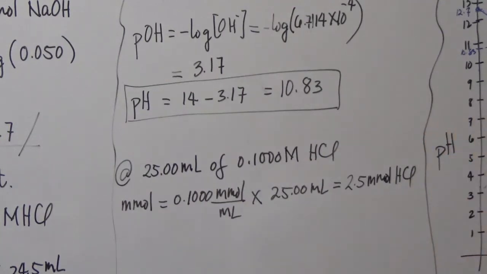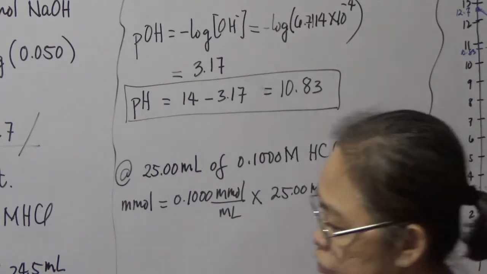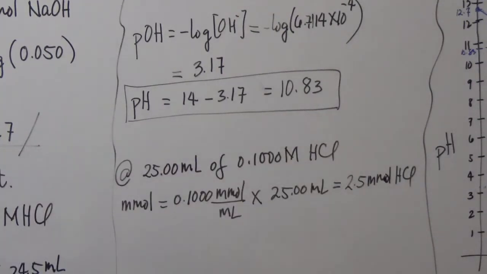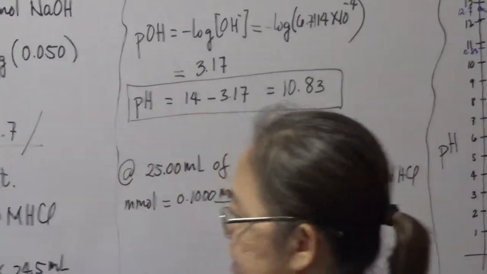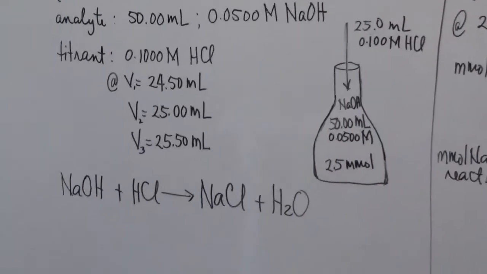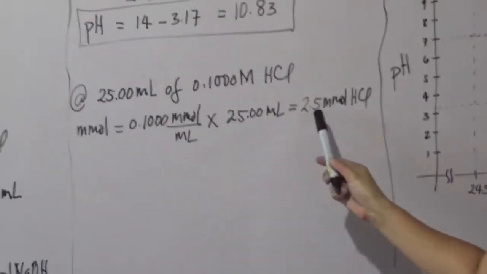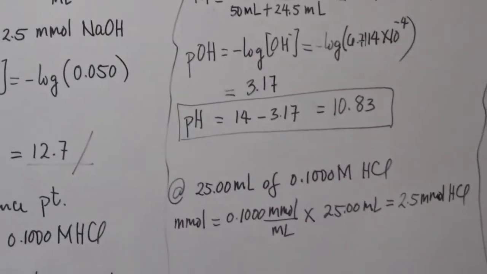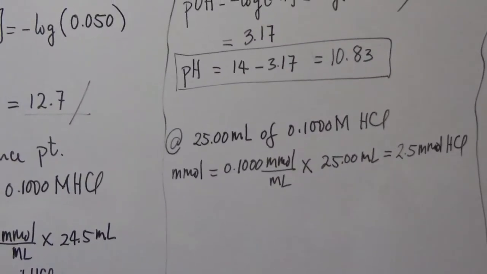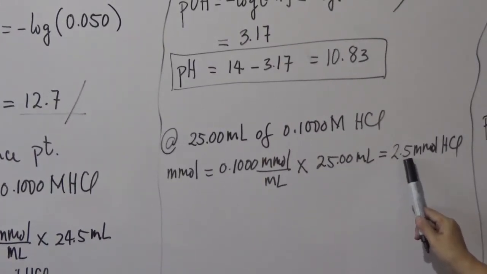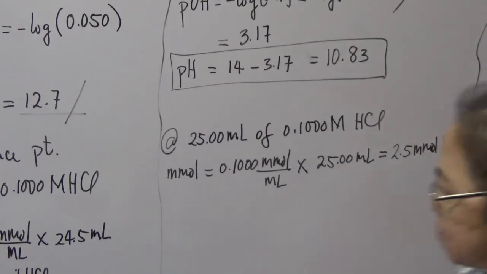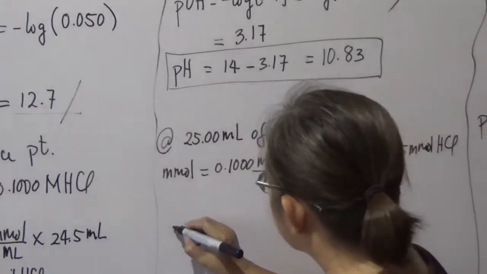What have you noticed? If you have 2.5 millimole of HCl, since the stoichiometric relationship between sodium hydroxide and hydrochloric acid is 1:1, it will react with 2.5 millimole of sodium hydroxide.